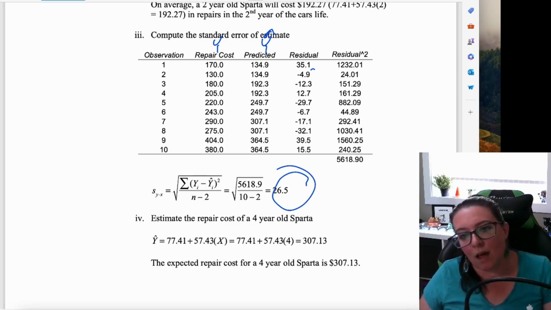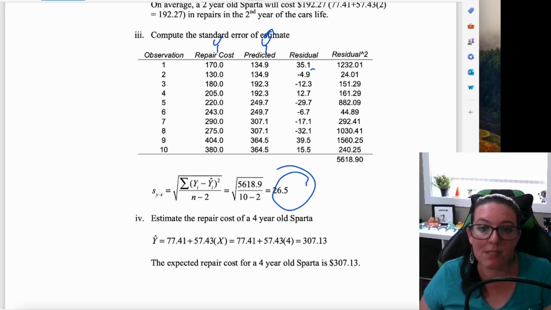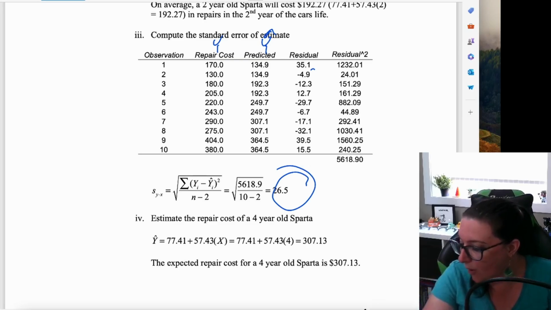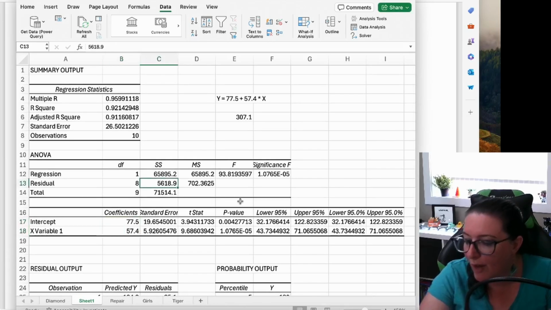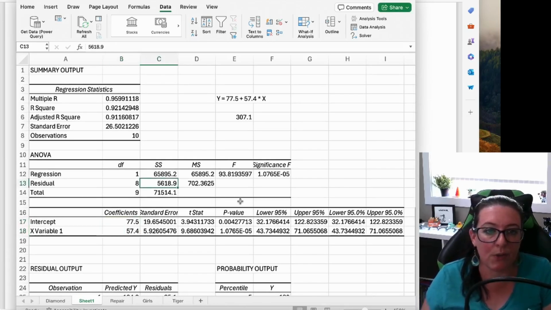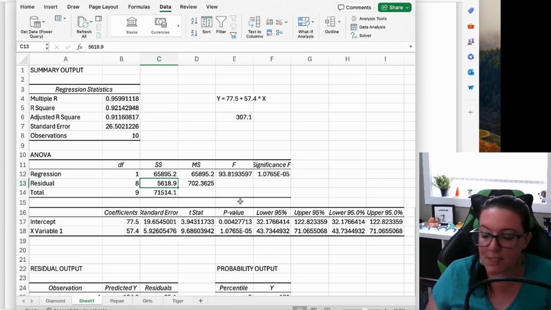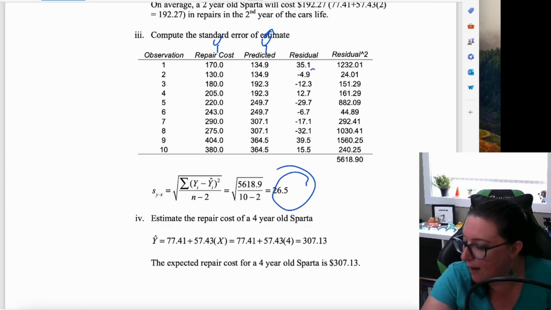Well, that sounds like a lot of work. So how could I find the standard error of the estimate, this 26.5, from Excel or from Python? If we are in Excel, in the output, find the sum of the squares of the residual. The sum of the squares of the residual you see here is 5618.9.